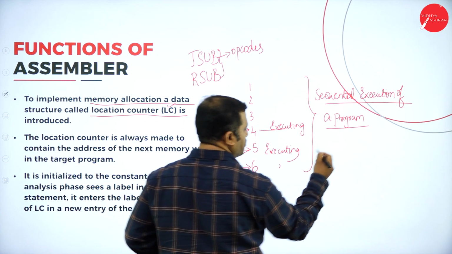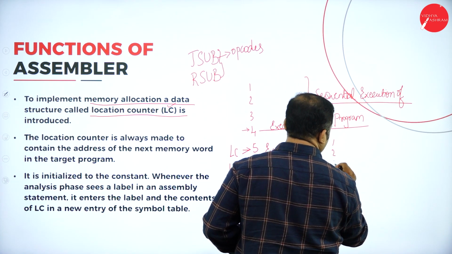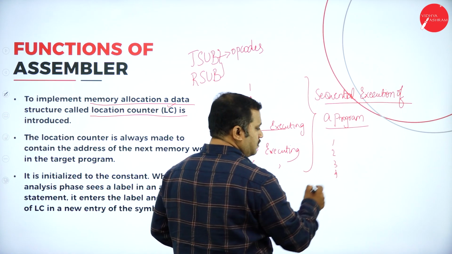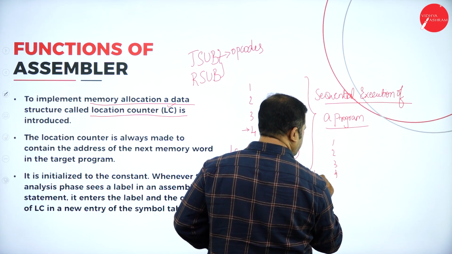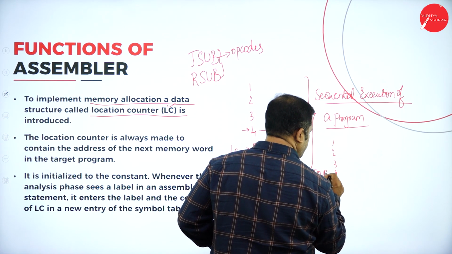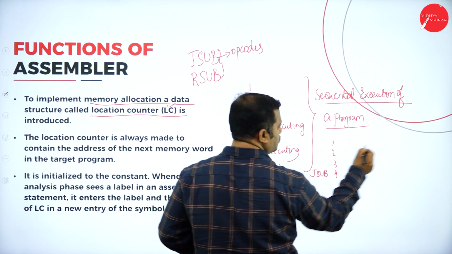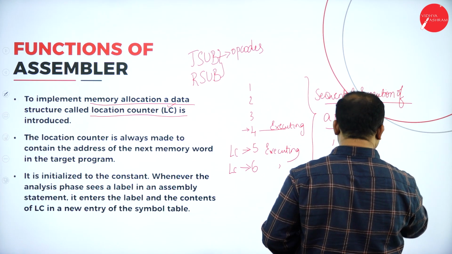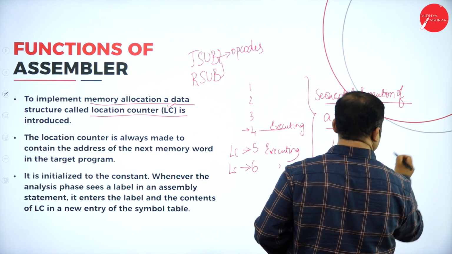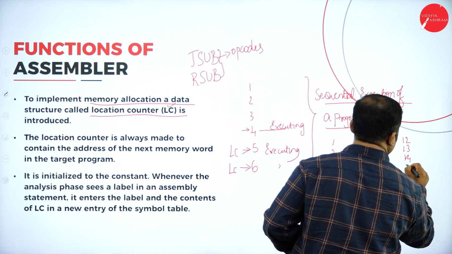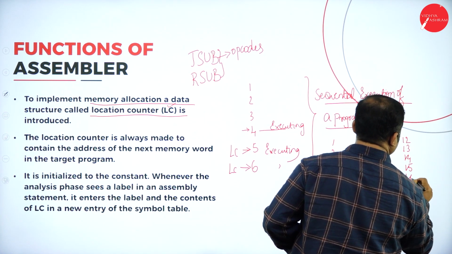In such cases, suppose you have 4 instructions, and a JSUB function here: opcode here, label here. Now it has to jump from here to the function definition defined here, that is 12, 13, 14, 15, 16.